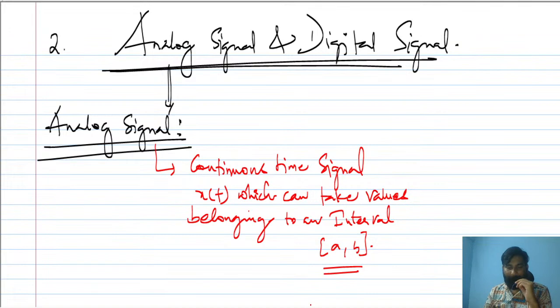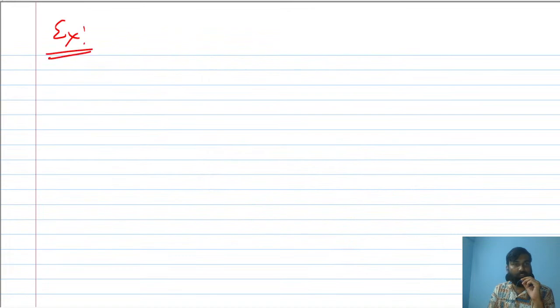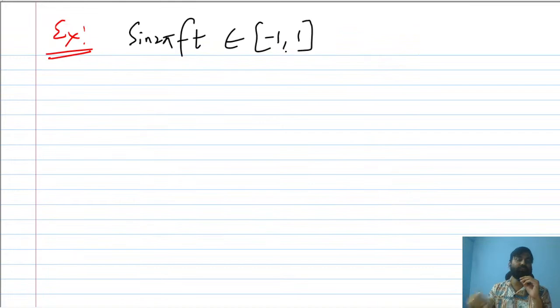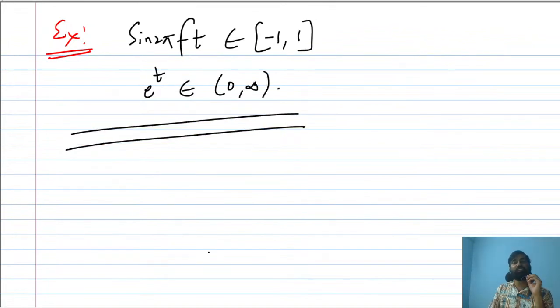Mathematically, an example of an analog signal is sine 2 pi ft, which can take values between minus 1 and 1, or e raised to power t, which belongs to 0 and infinity. These are the analog signals.